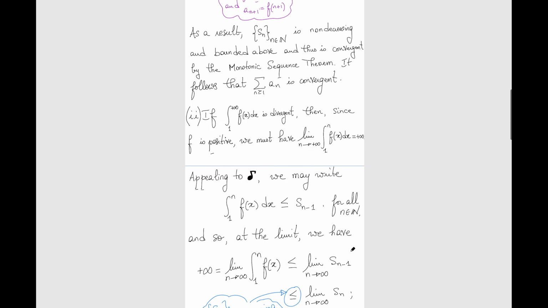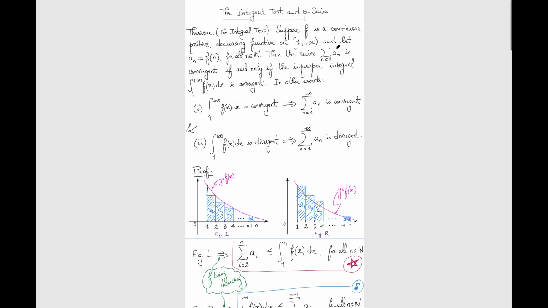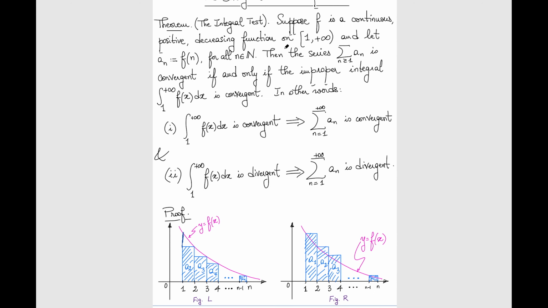It's the same game that we just discussed. Instead of having f decreasing from 1 to plus infinity, you're going to have it decreasing from a certain point onward, from a certain number n0 to plus infinity. And you can run the same program again.